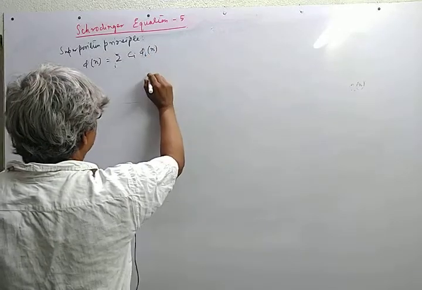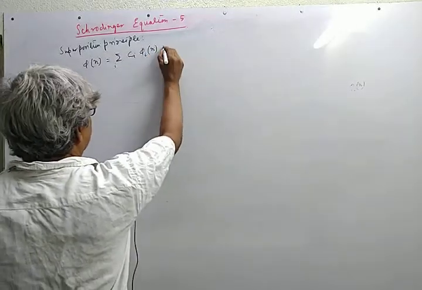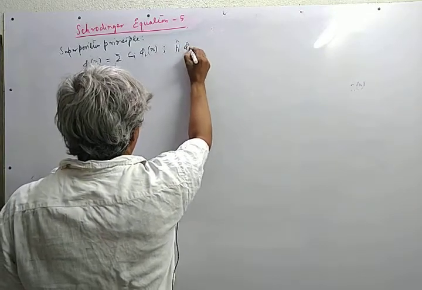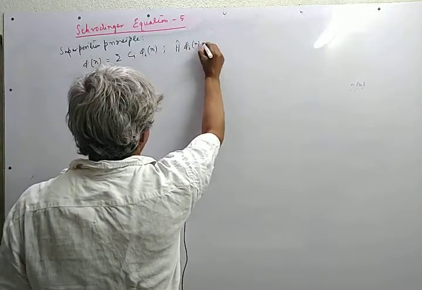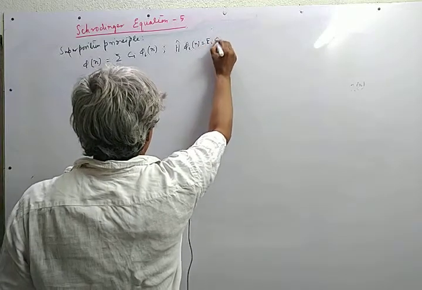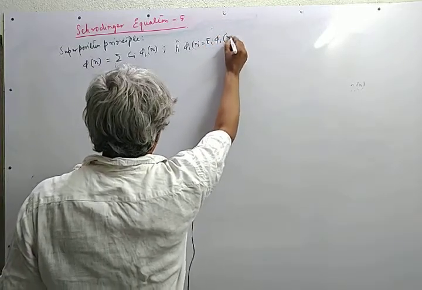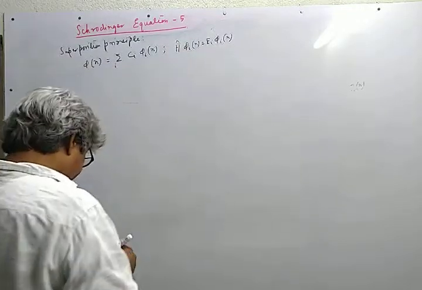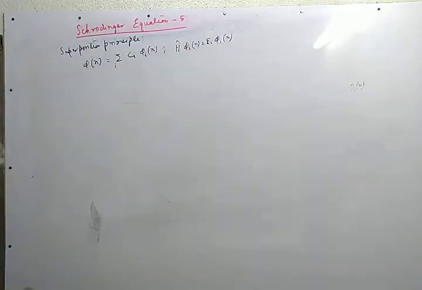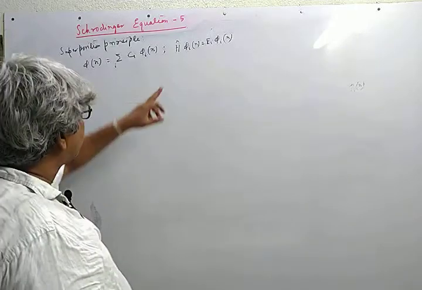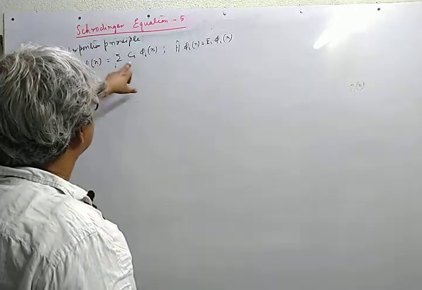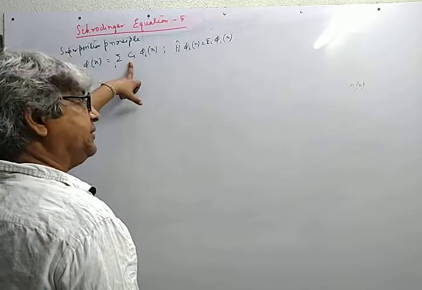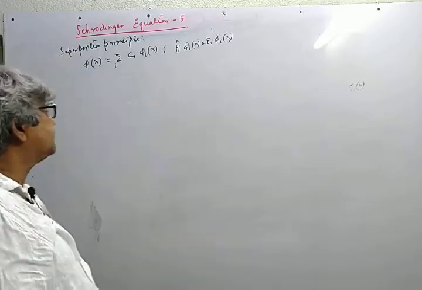I am considering the one dimensional case where generalization to 3 dimensions is obvious. The expansion is made in terms of the eigenfunctions of the Hamiltonian. Two things are yet to be described: how to find out the expansion coefficients C, and what is the physical meaning of it. The two things are left.